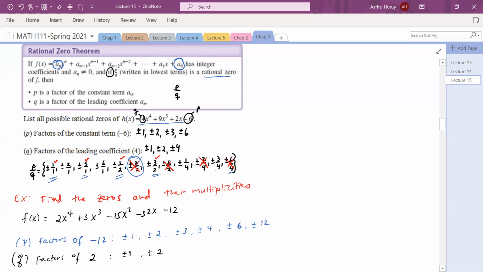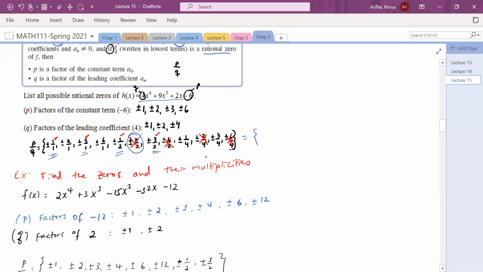Therefore, the repeated ones are redundant, so we cancel them out. We don't need them. And we are left with the possible rational zeros, which are plus or minus 1, plus or minus 2, plus or minus 3, plus or minus 6, plus or minus 1 over 2, plus or minus 3 over 2, plus or minus 1 over 4, and plus or minus 3 over 4.